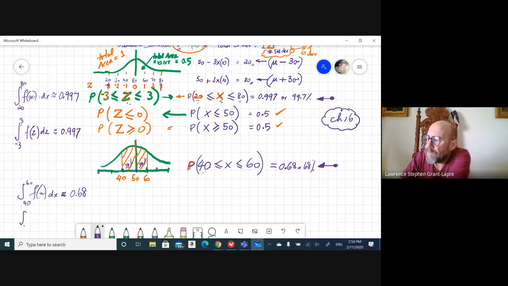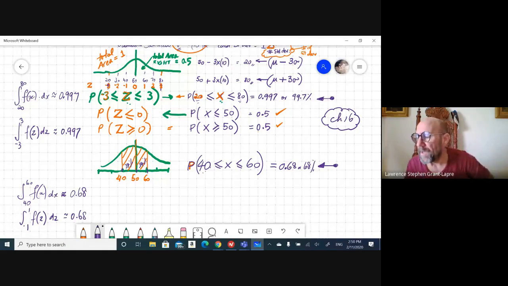The integral from -1 to +1, if we had the function in terms of z, will be 0.68. So the area under the curve is our probability because the total area is 1.